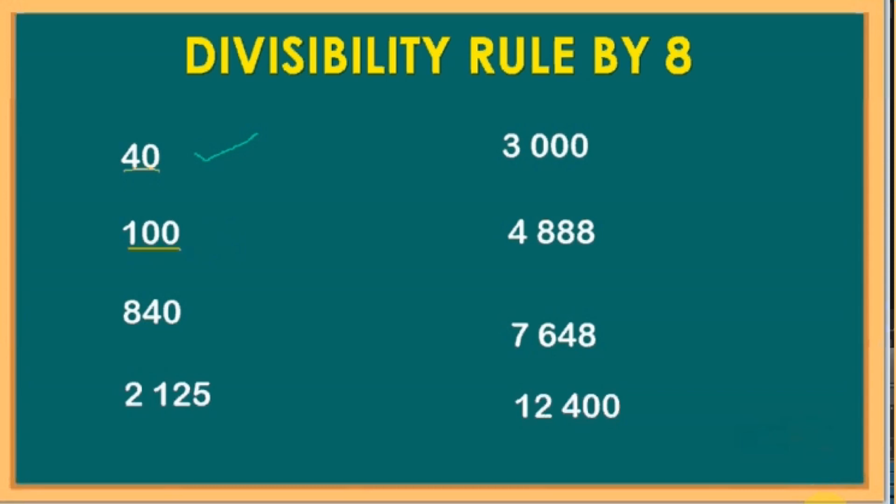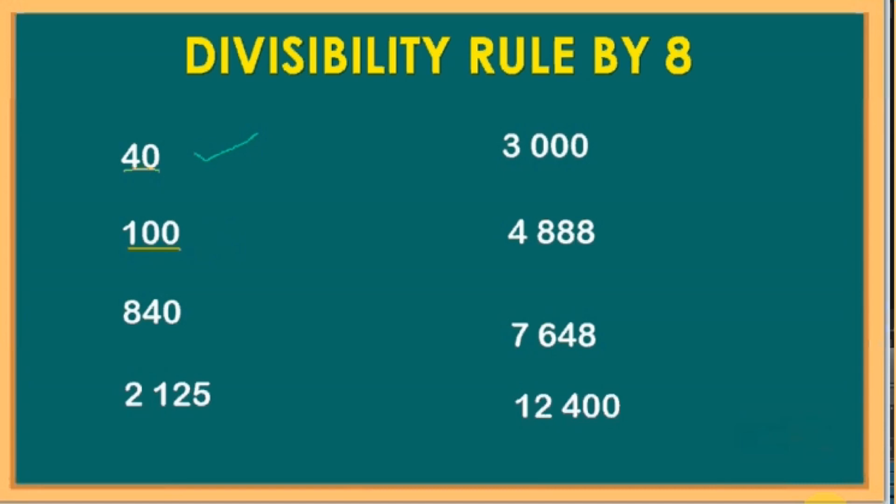100. As I have said, the last 3 digits should be 3 zeros, or the value of the last 3 digits is divisible by 8. Since 100 is composed of 100, it can't be divisible by 8.